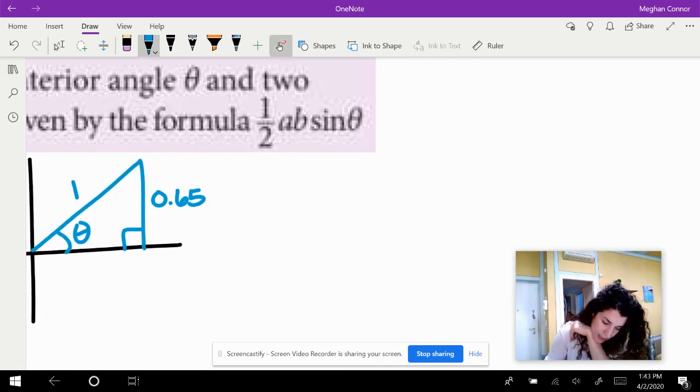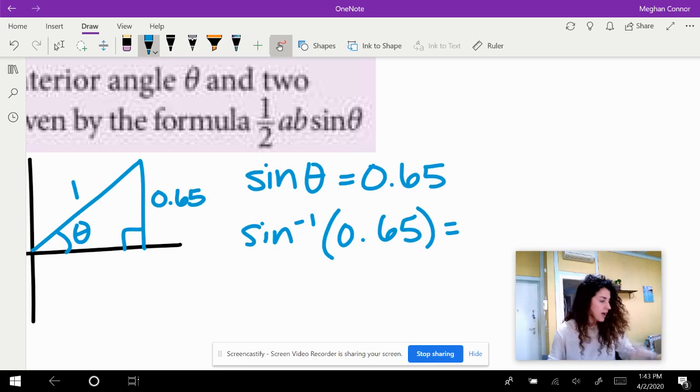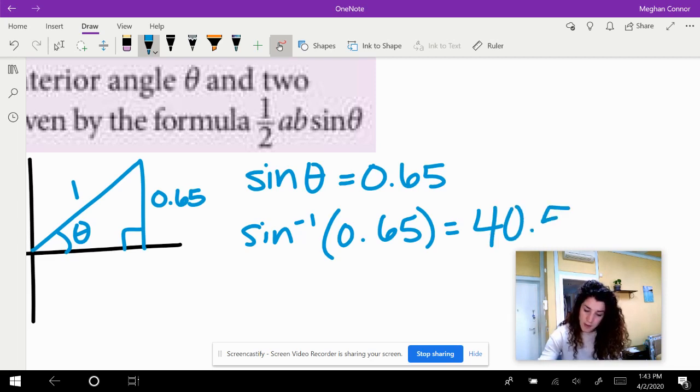So that would be sine of theta equals 0.65, which means that the inverse sine of 0.65 is 40.54.